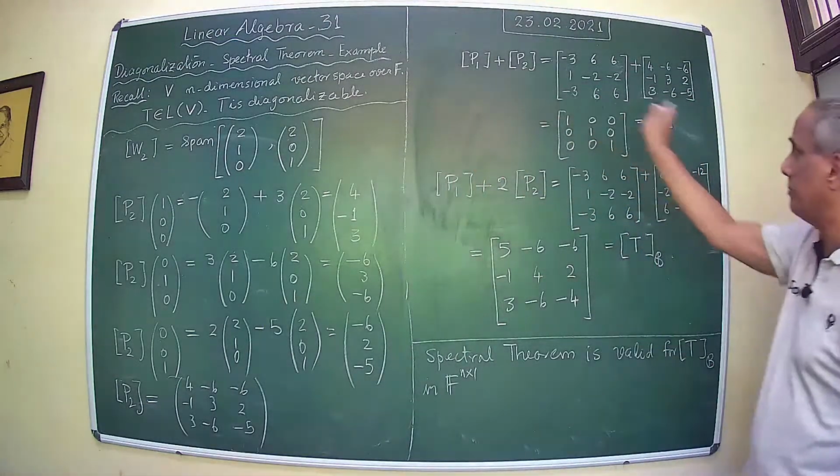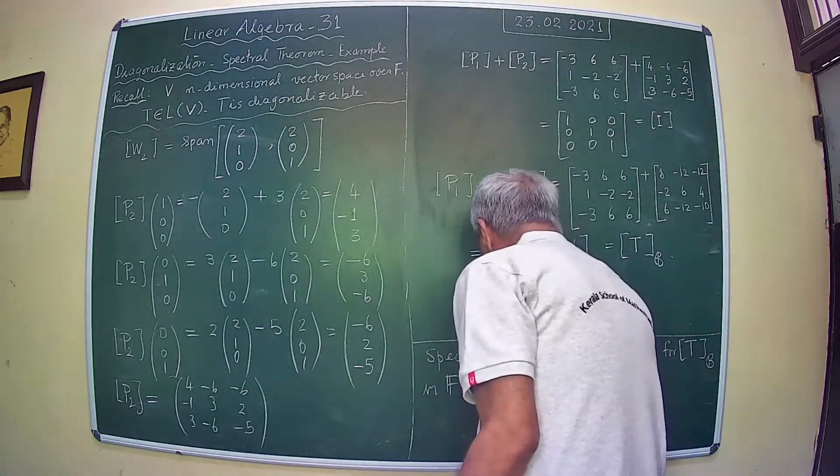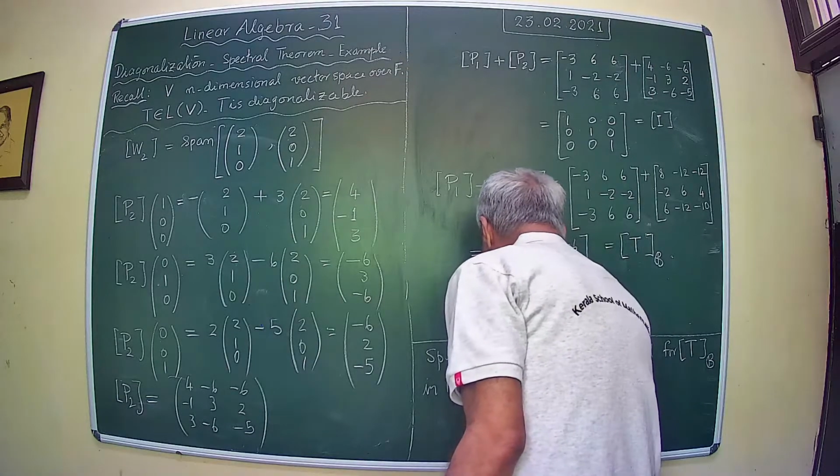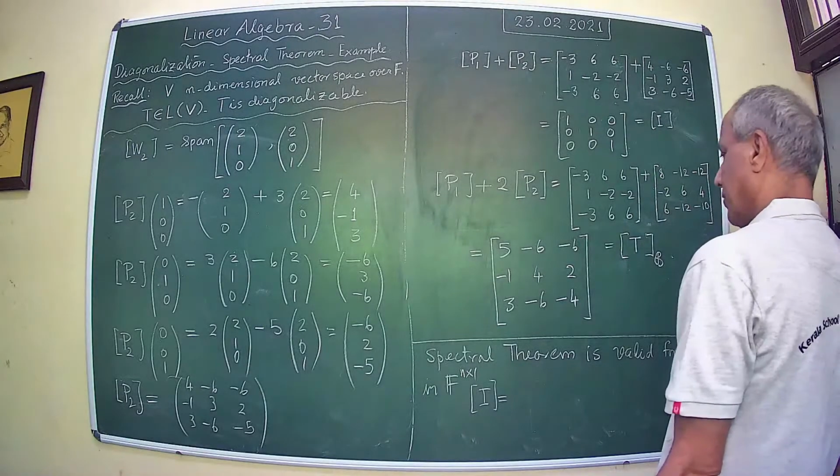Because these two statements: I is the identity operator, which is the same in all of F^n cross 1.